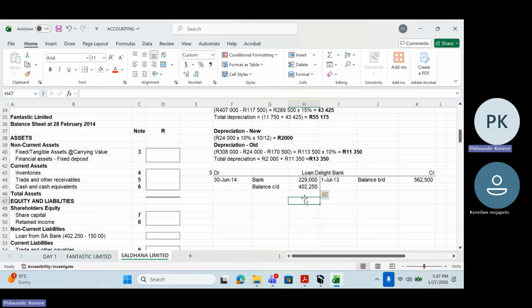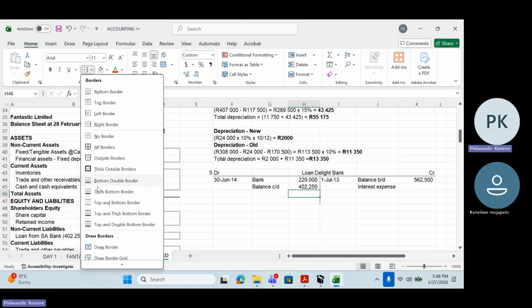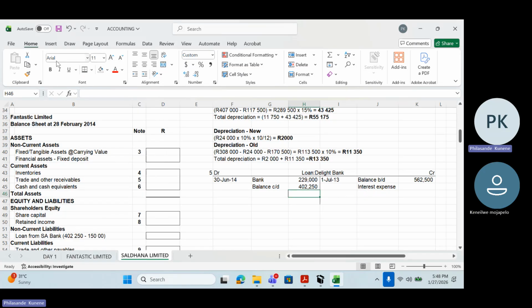I need to balance this and get the totals. I know very well that this side, there should be interest expense, né? So now I need to balance my account and see what I'm going to get.